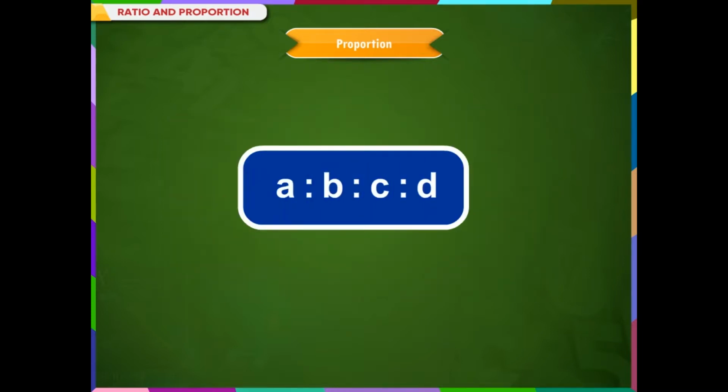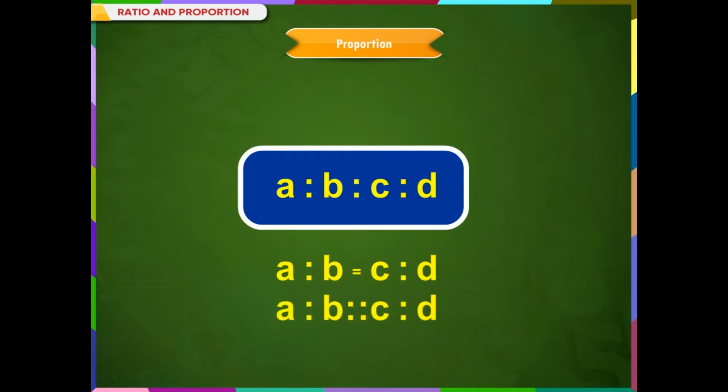So, in general, we can say 4 numbers A, B, C, D are said to be in proportion if A is to B is equal to C is to D. We write this as shown on screen. The double colon shows that they are proportional.